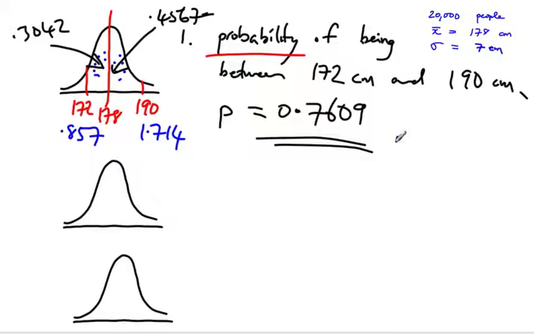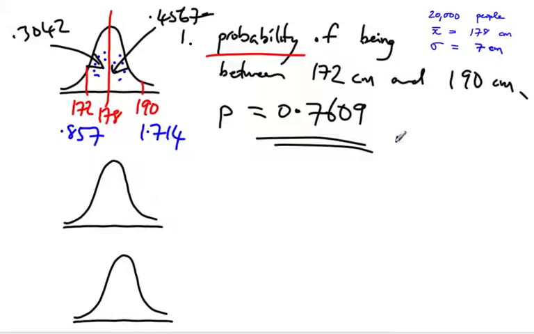None whatsoever. You should get exactly that from the tables, and you should add them to get that. There is no error because you're all doing it using the same method. And it all comes from drawing this diagram right in the first place.